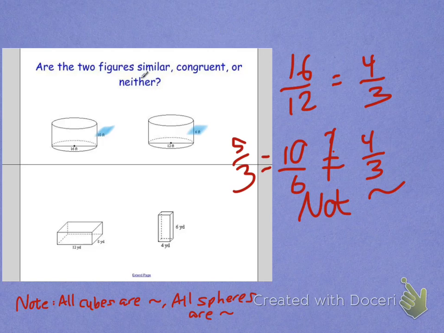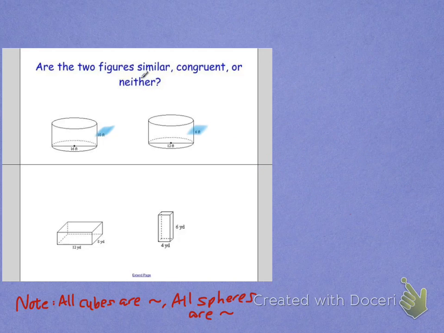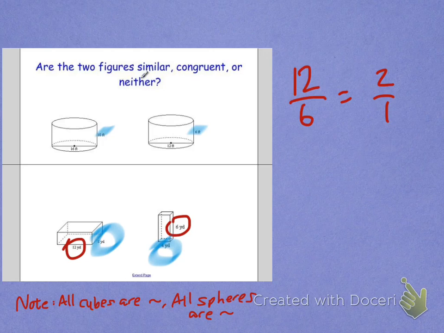Now they're facing in different directions though, so you can either redraw it so they're lying on the same side, or again, we're comparing the longest lengths, which in this case would be 12 yards and 6 yards, which simplifies to 2 to 1, and then the shorter one would be 8 yards and 4 yards, which also simplifies to 2 to 1, which means they are similar.